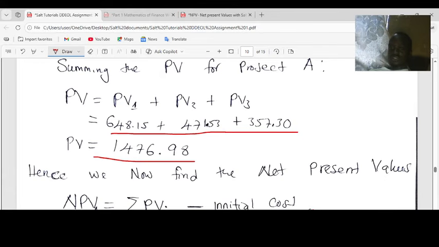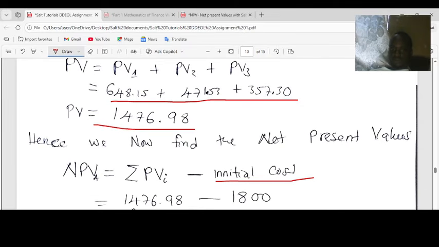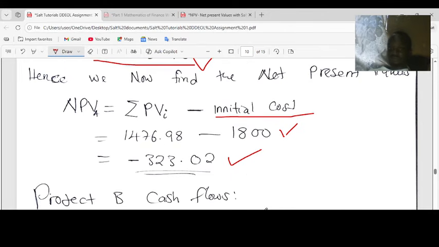The initial cost is just, as usual, the present value for the cash outflow. So summation minus the initial cost. That is why we have this minus that. This is negative 323.02. Keep it. Before you conclude, keep it.